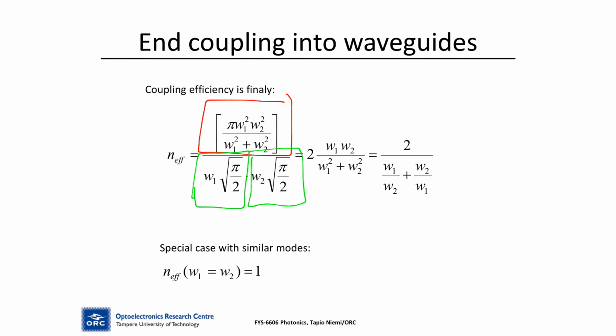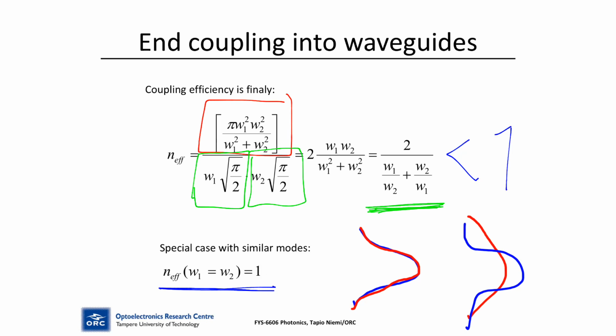we end up with an expression like this for the power coupling efficiency between the incident Gaussian field and the waveguide mode. And in general, this is always smaller than 1, except when the widths of these modes are the same.